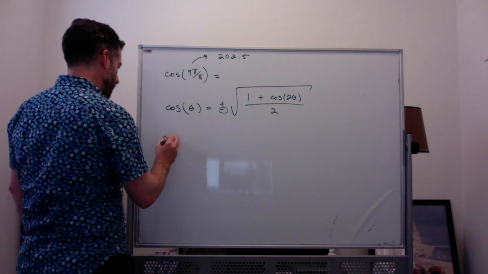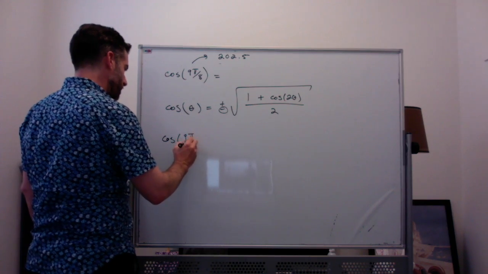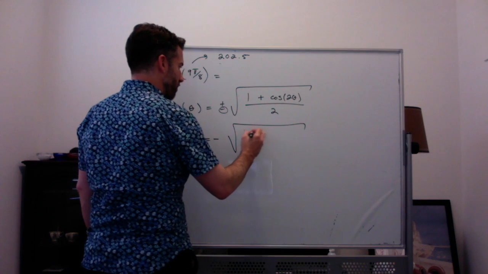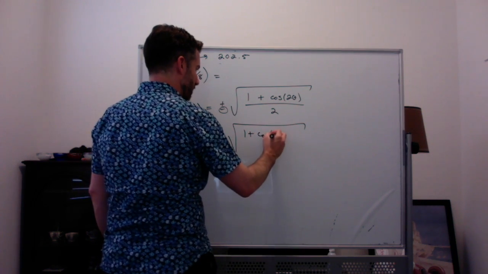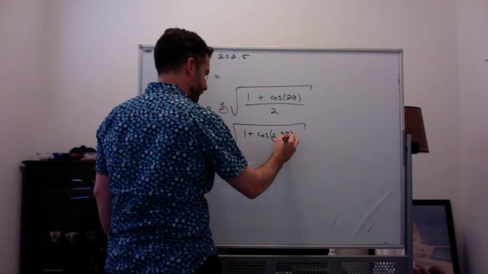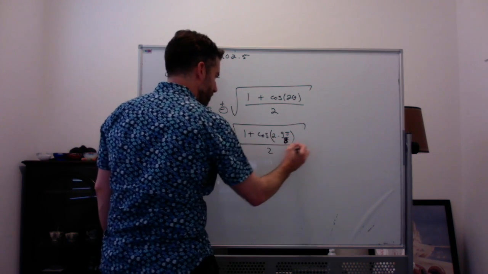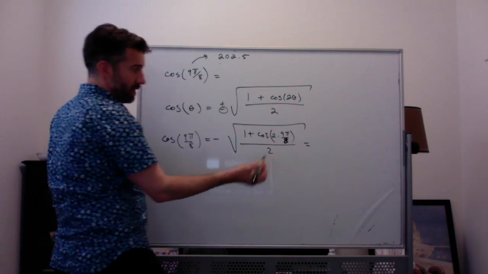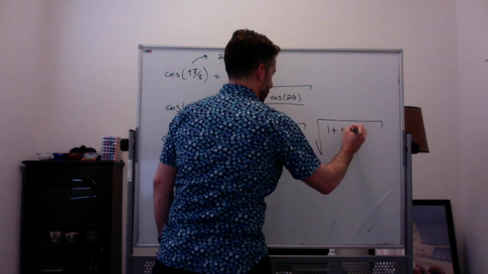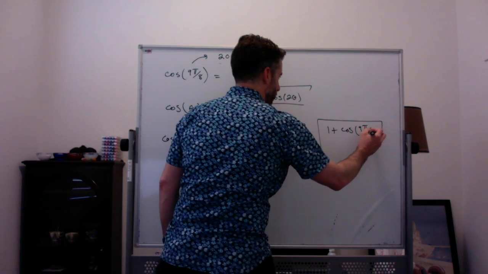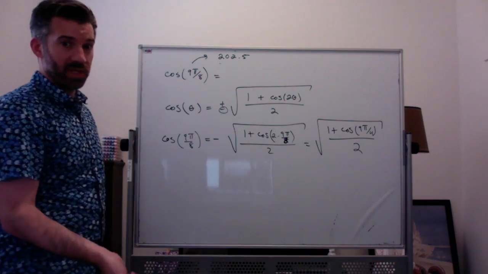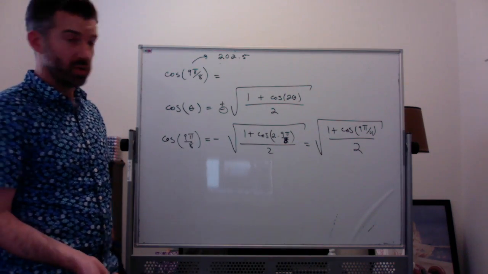So cosine of 9 pi over 8 is negative the square root of 1 plus cosine of 2 times 9 pi over 8, all over 2. 2 times 9 pi over 8 is 9 pi over 4. So it's the square root of 1 plus cosine of 9 pi over 4, over 2. Cosine of 9 pi over 4 is pi over 4 more than a full revolution, right?